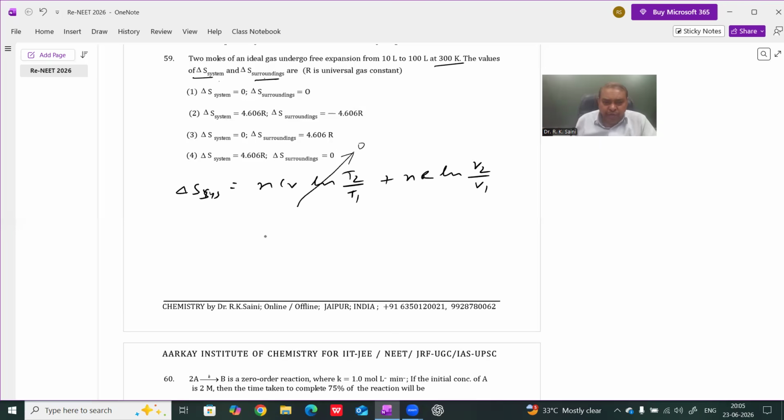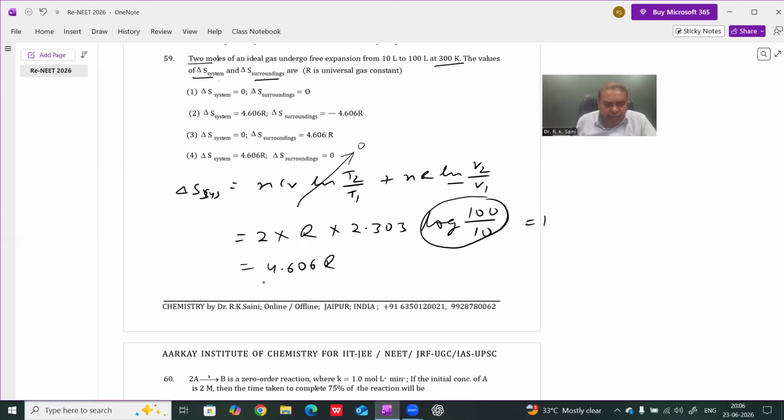Putting the value n as 2 moles, we convert ln into log, therefore we use 2.303 log. Final volume is 100 liters, initial volume is 10, and hence log 10 equals 1. Therefore, our answer is 4.606 R in the case of the system.